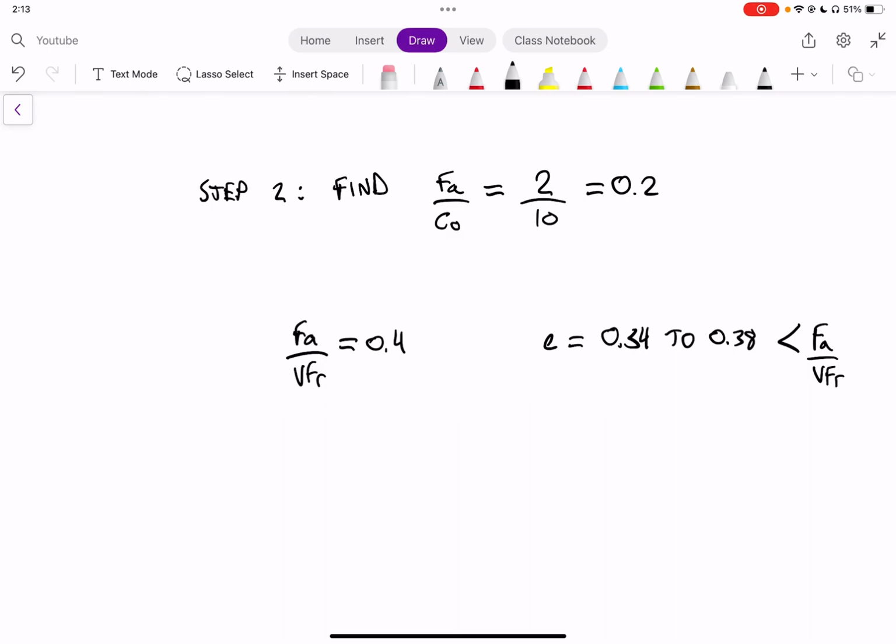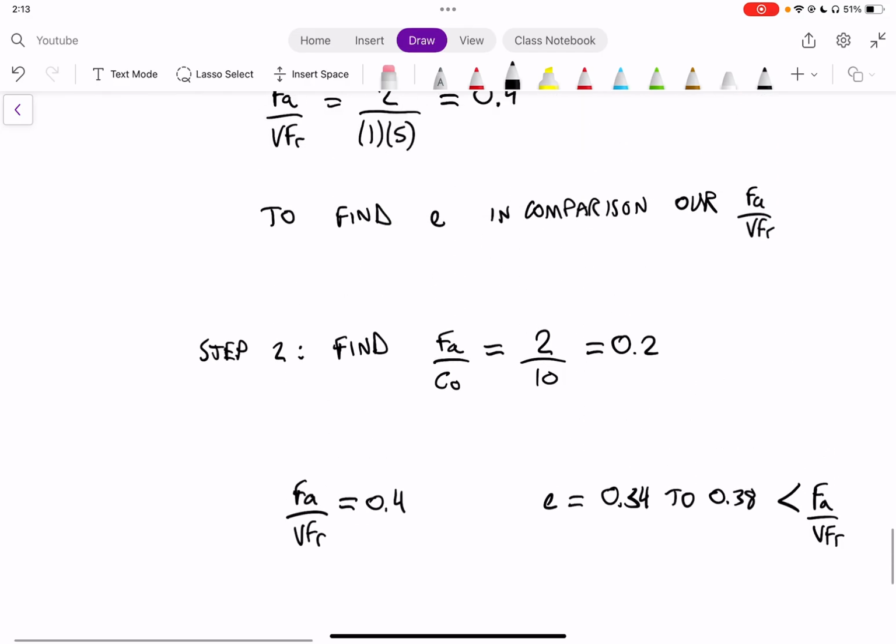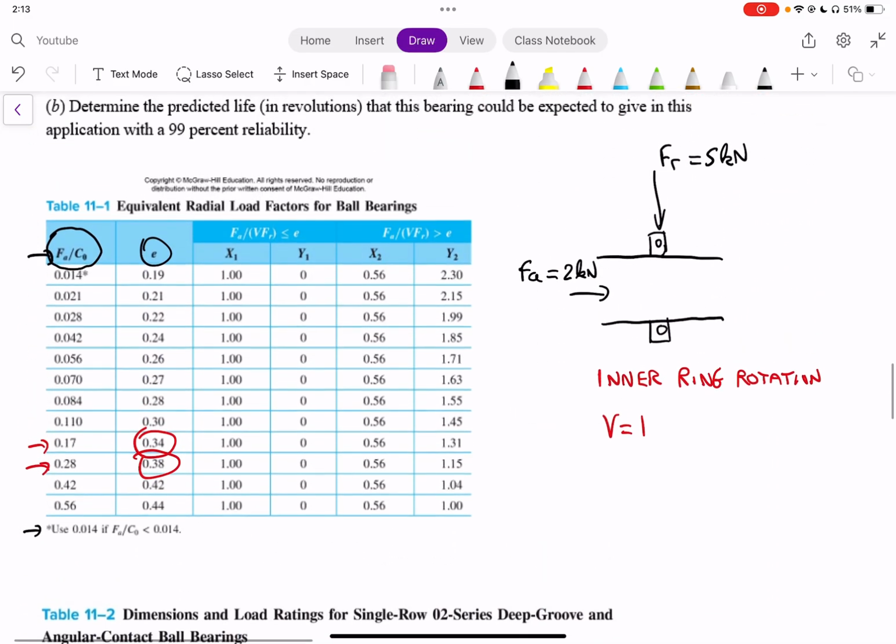Now, if it's less than FA over VFR, what value would we have to use to solve this? Going back to our table 11.1, we can see that FA over VFR is greater than E. Therefore, we're going to use X2 and Y2 to solve our problem. So it's actually the more complicated way.